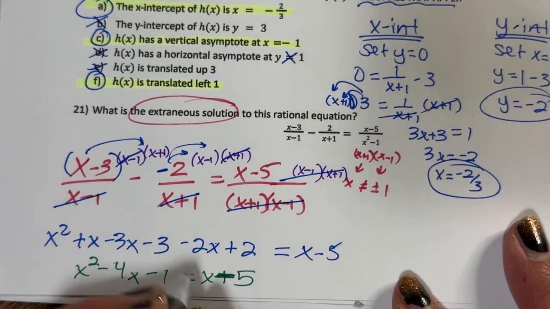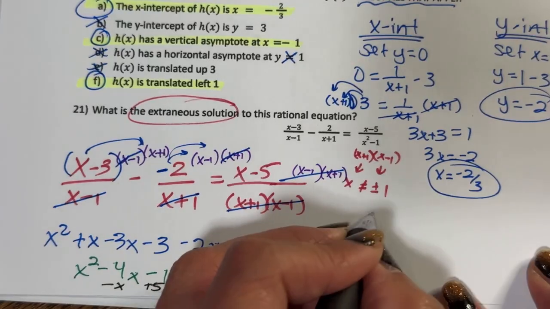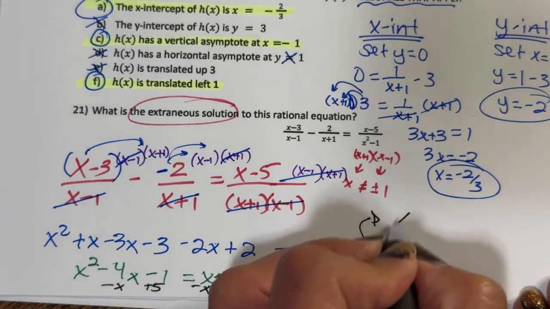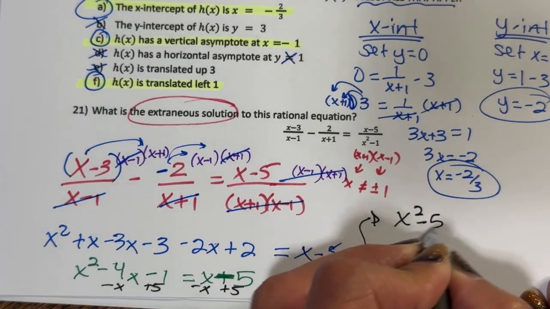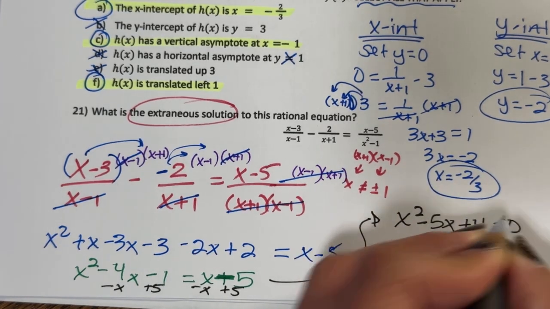We need to move that x by subtracting it, and we need to move that 5 by adding it. So I'm going to bring this up here. So we're going to have x squared minus 5x, -1 plus 5 is a +4 equals 0.